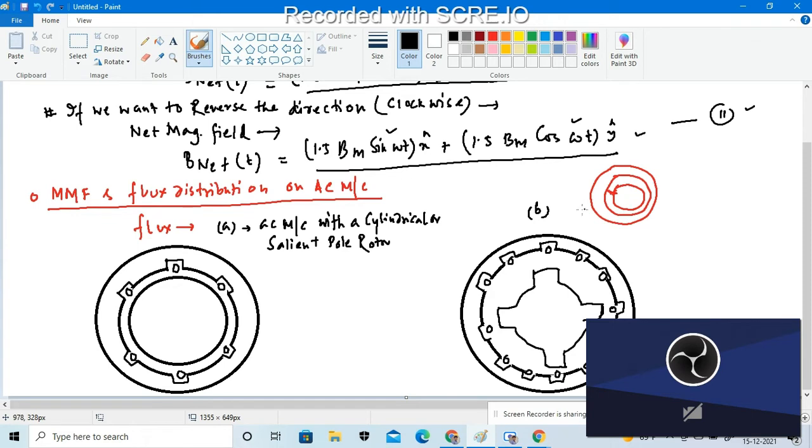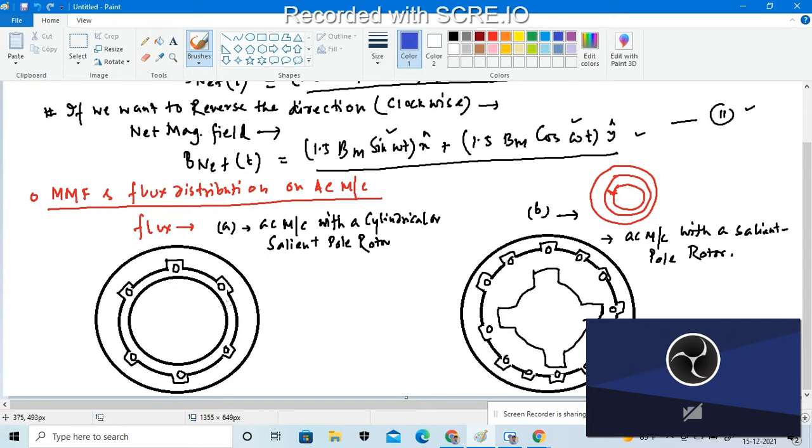And this particular figure signifies an AC machine with a salient pole rotor.